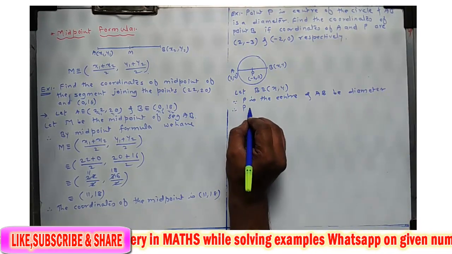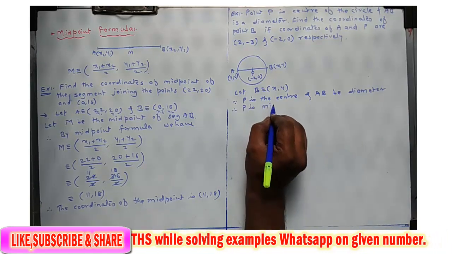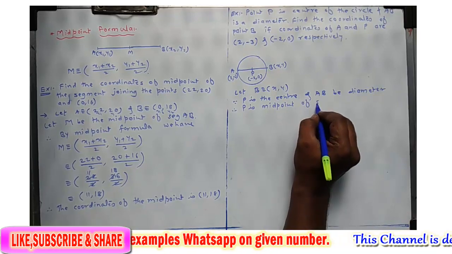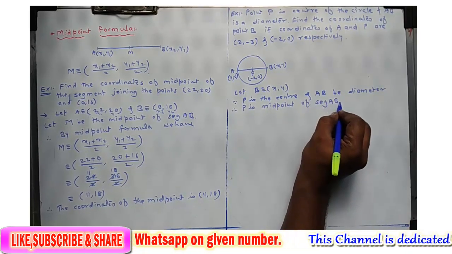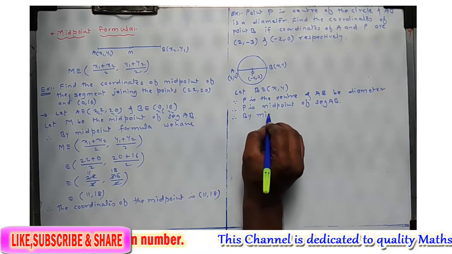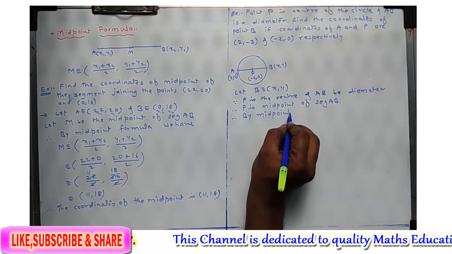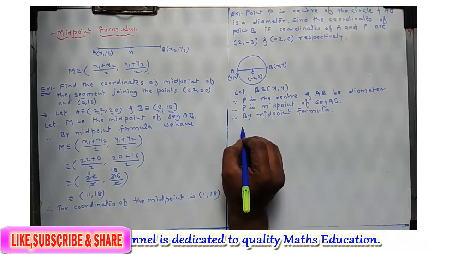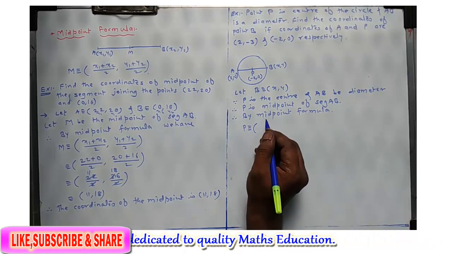Therefore P is midpoint of segment AB. Therefore by midpoint formula उसके अंदर हम लोग यूज कर सकते हैं by midpoint formula. किसके कोऑर्डिनेट मिलेंगे? पॉइंट P के कोऑर्डिनेट जो मिड पॉइंट है उसके कोऑर्डिनेट मिलेंगे.